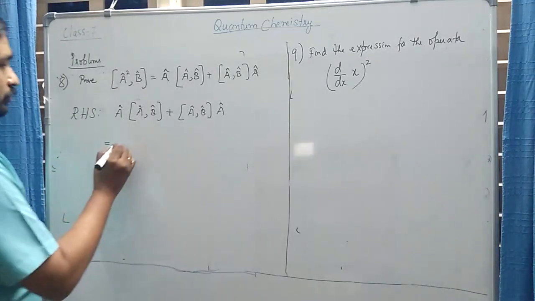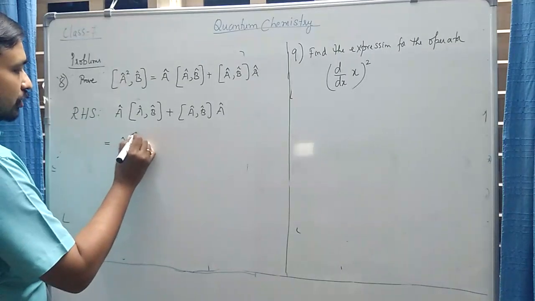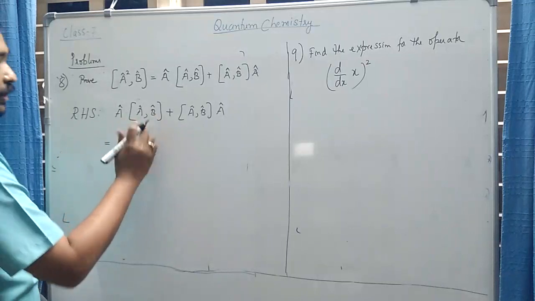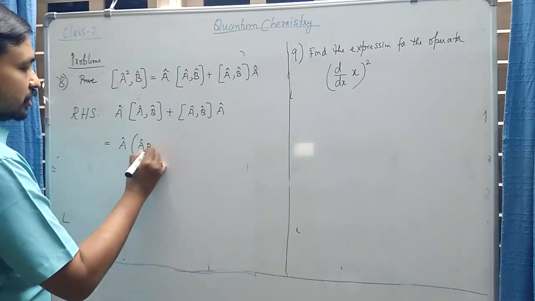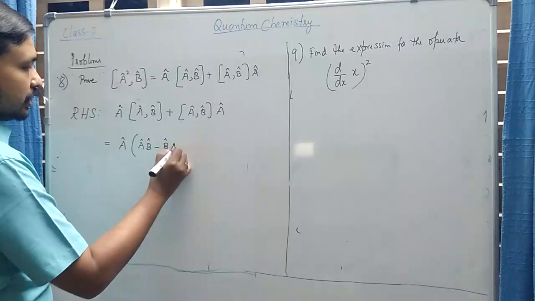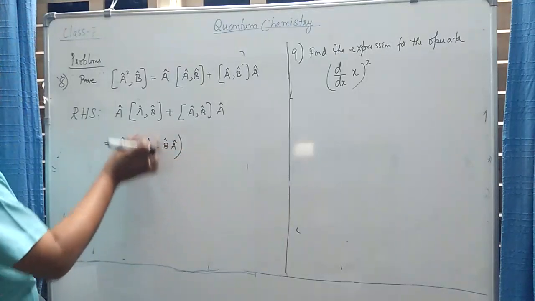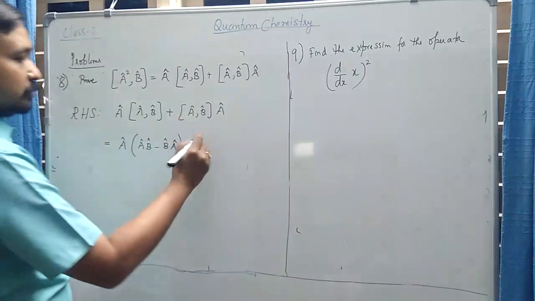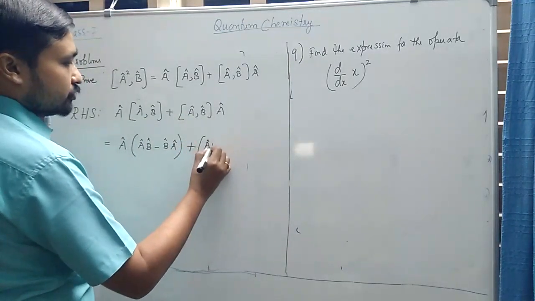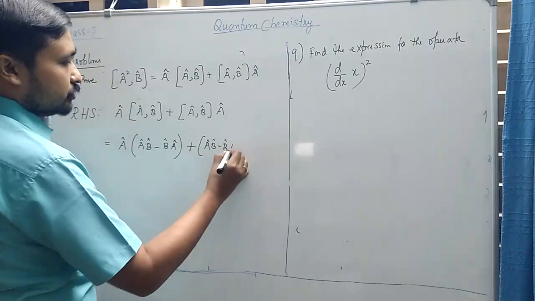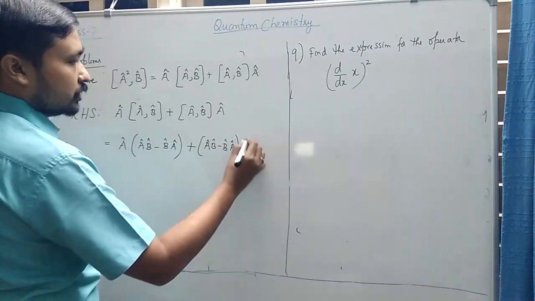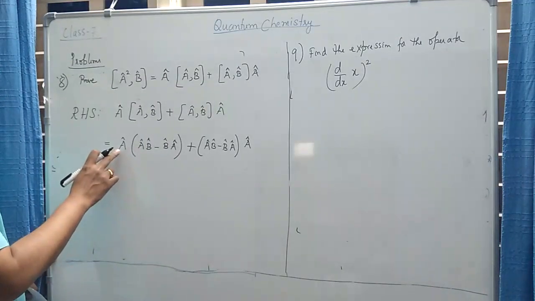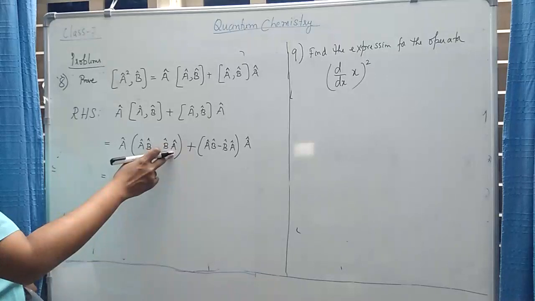Let us try to simplify this. Let us use the definition of commutator: the commutator of A and B is A into B minus B into A. So this is operator A times (AB minus BA), plus again the commutator of A and B, which is AB minus BA, into operator A. Now let us apply operator A on the first term and the second term.